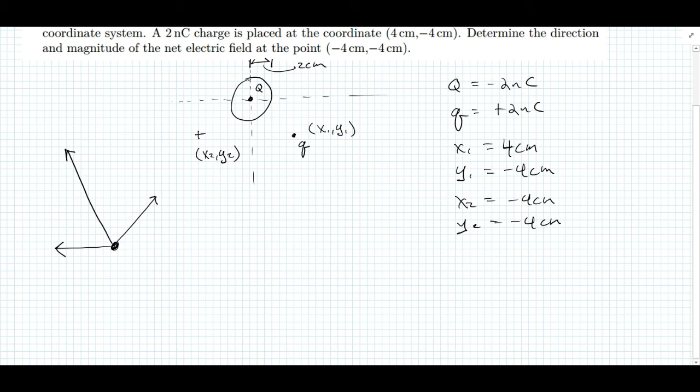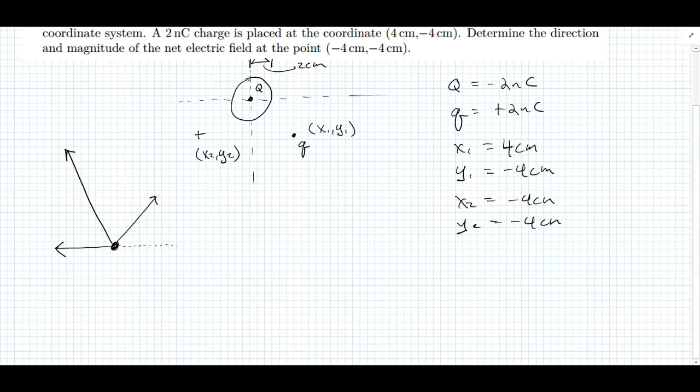So the way that I'll go about doing this is first find the field of the little q and the big Q charges as vectors, and then add those vectors together. So I need to figure out what is this arrow and what is this arrow, right? Those are the vectors that are the field for each.